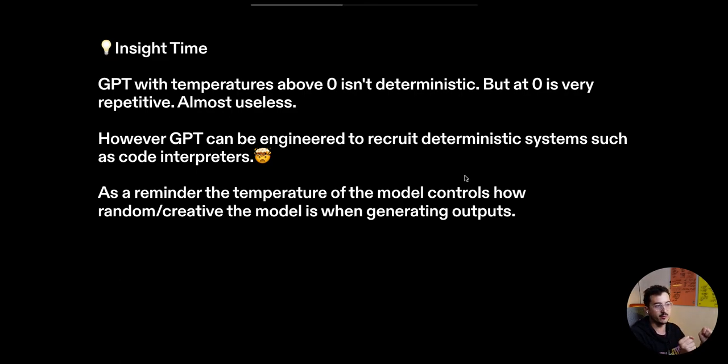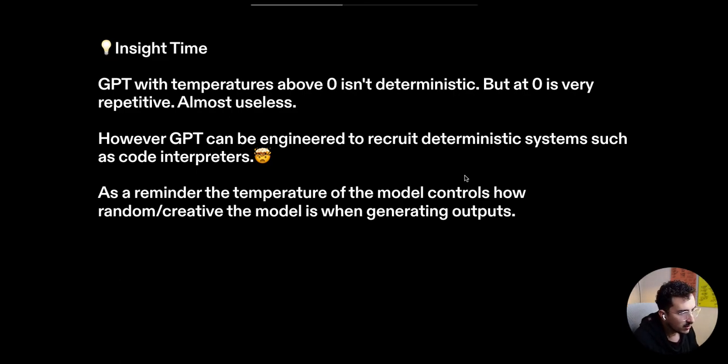But at zero, it's very repetitive. It's almost useless. So you always need a higher temperature, more creativity in the model. But above zero, it's indeterministic. So it's not going to be good at those recursing problems in which it needs to come up with, for instance, 10 decimals of the square root of 7.8.